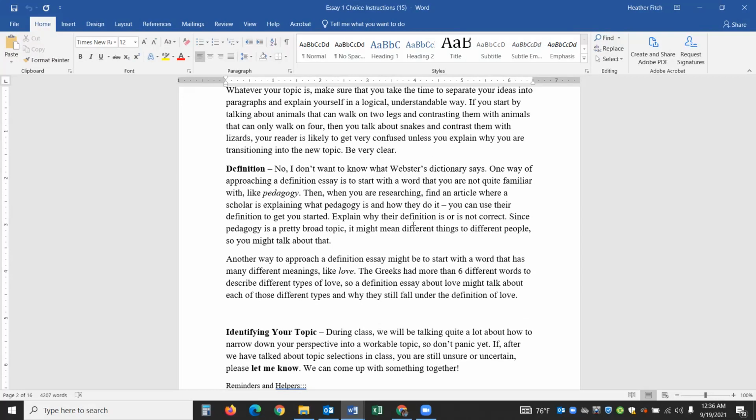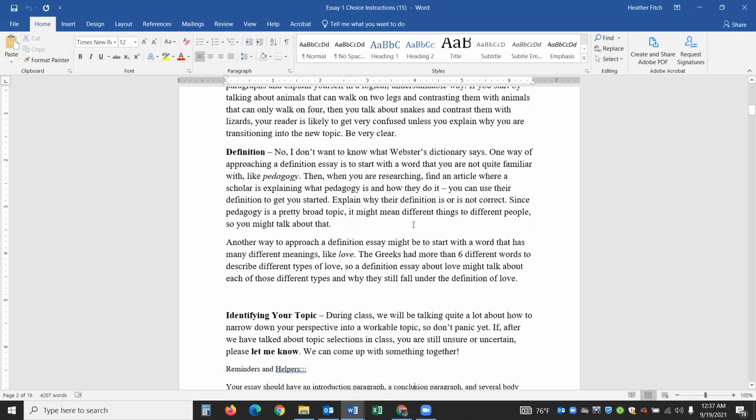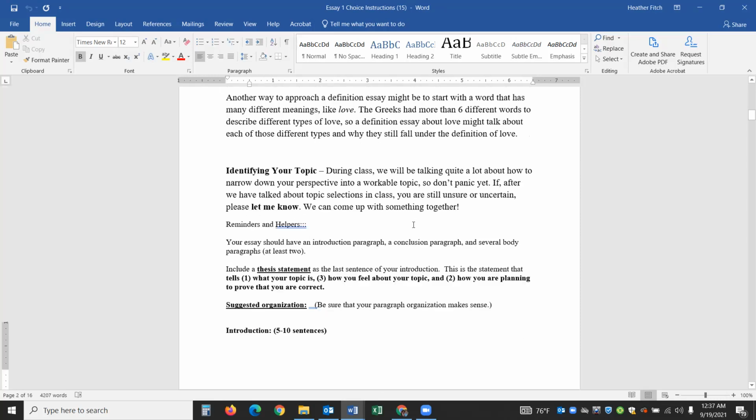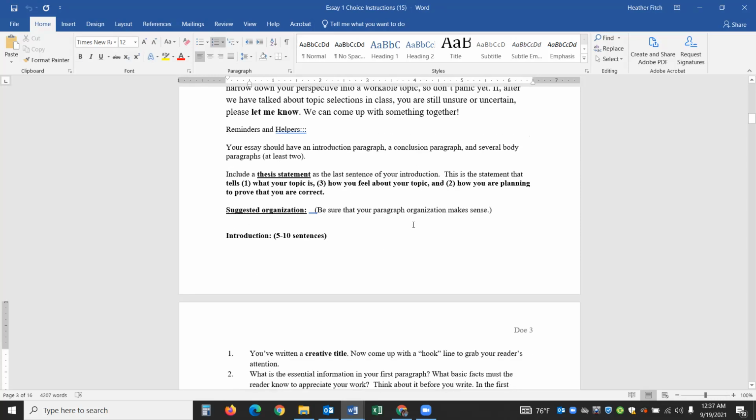A very poor person who has no money and lives on the street may define success very differently from a very wealthy person who can eat caviar and sardines for lunch. So definitions matter. And the Google definition is just so straightforward. It's oftentimes not good enough and it's lacking. So that's where definition essays come in. I will be working with you in the future to go through how to find your topic.